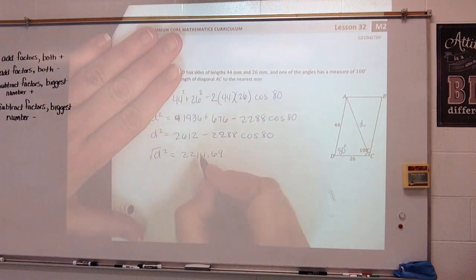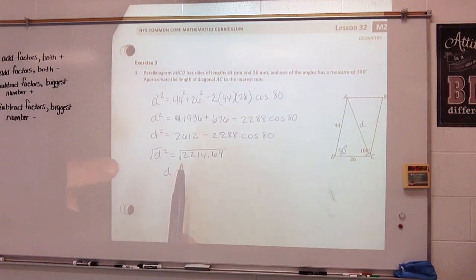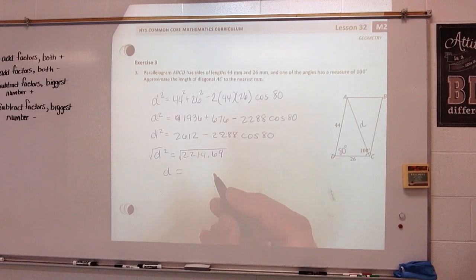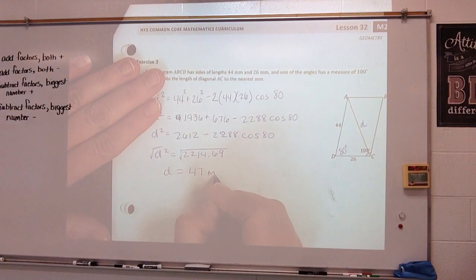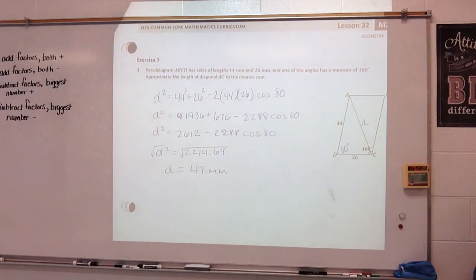I have to take the square root of that. So d is equal to, and it tells me to the nearest millimeter, I get 47.0605, so 47 millimeters.